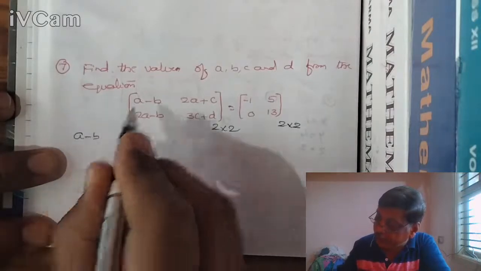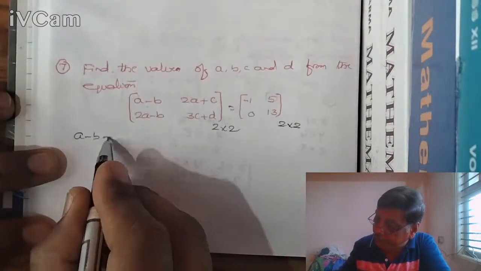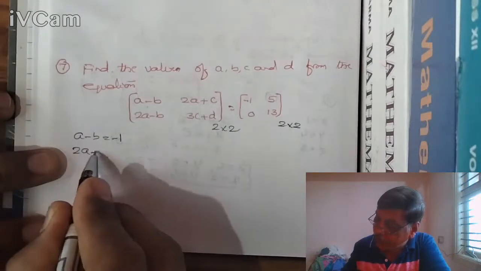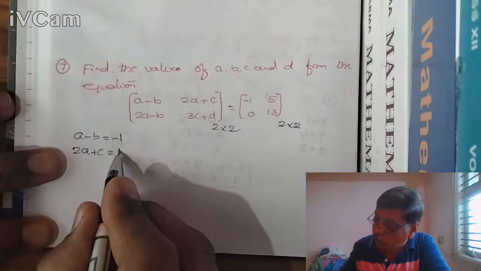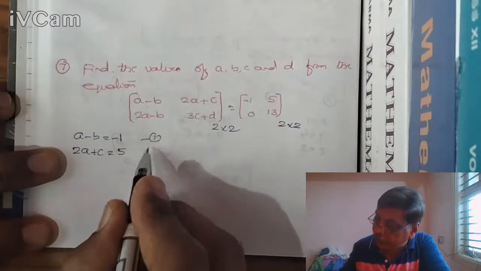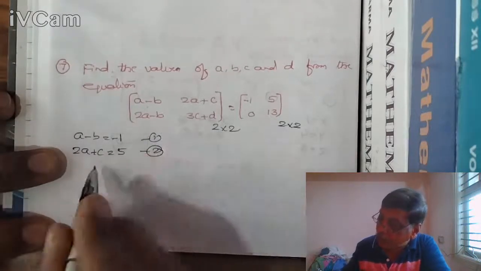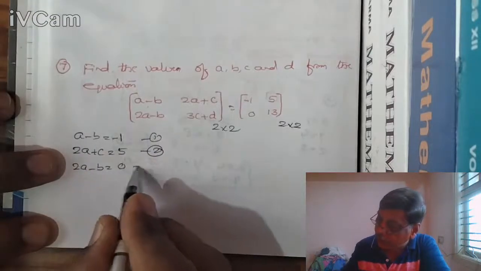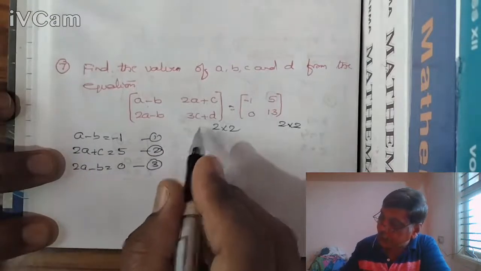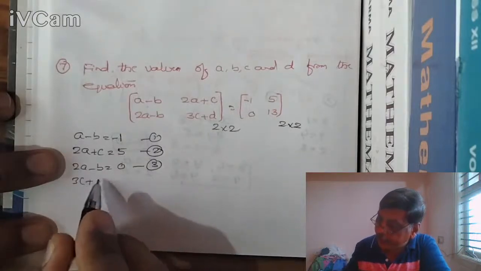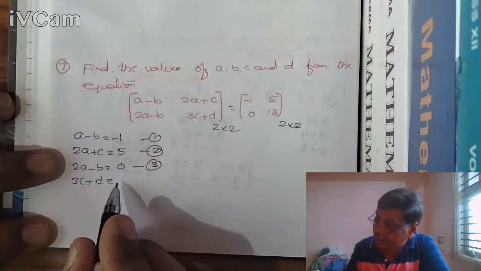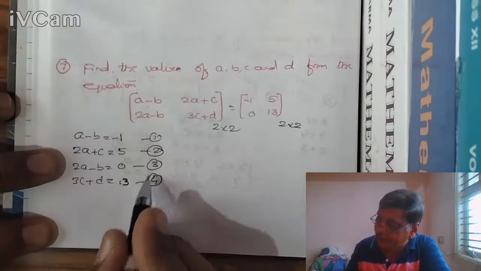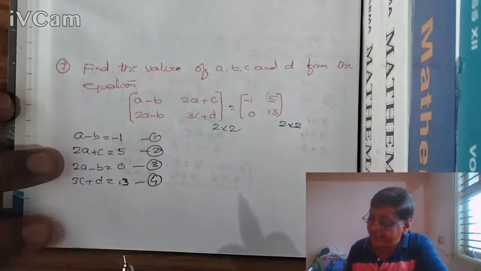So a minus b is equal to minus 1. Next, 2a plus c equals 5. Call them equation number 1, equation number 2. Next, 2a minus b equals 0, equation number 3. Next, 3c plus d is equal to 13. After solving we get the values of a, b, c, d.